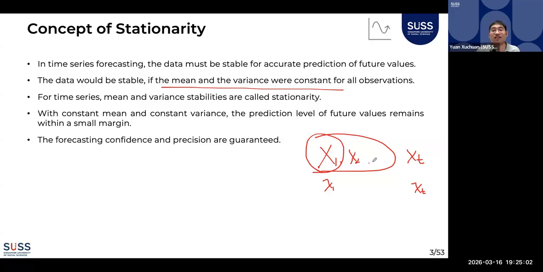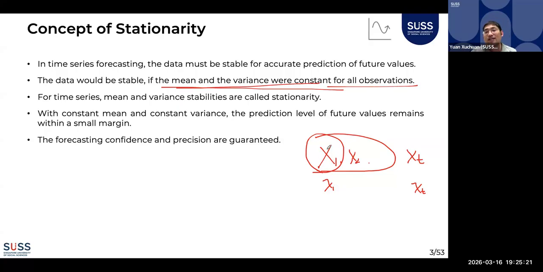Okay, so this is the strict stationary requirement. For the weak stationary requirement, we say as long as the mean and the variance are constant for all observations, then we say this time series is stationary.